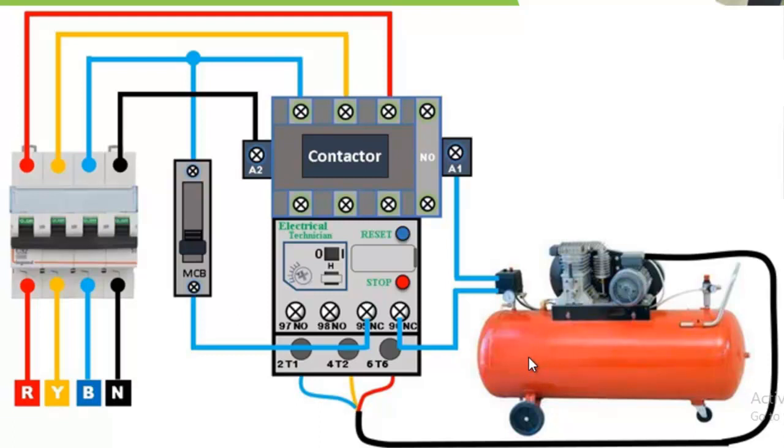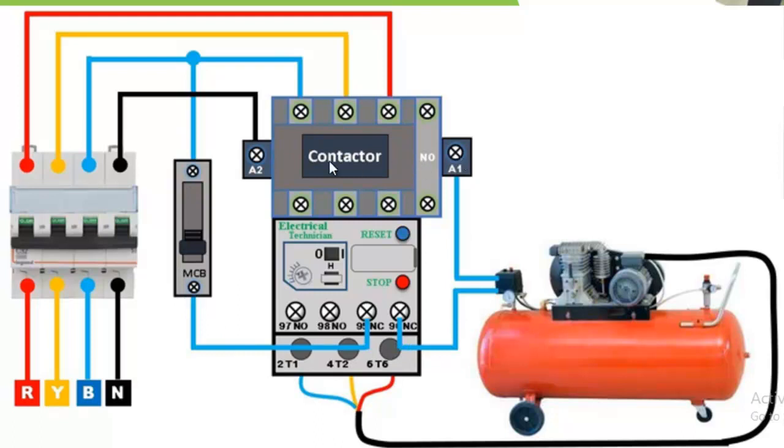As the vessel is pressurized to a level, this pressure switch will be activated. Assuming it's activated to close, it will now close this power line that comes from this miniature circuit breaker to the contactor coil at A1.